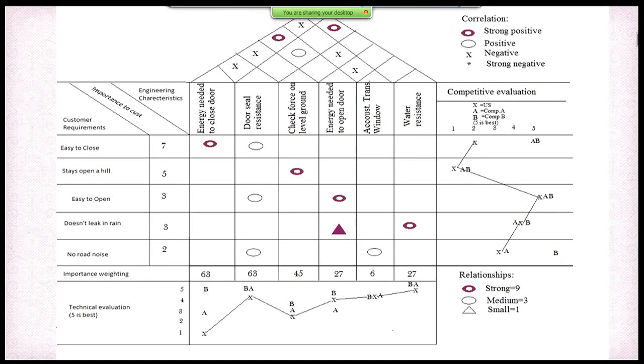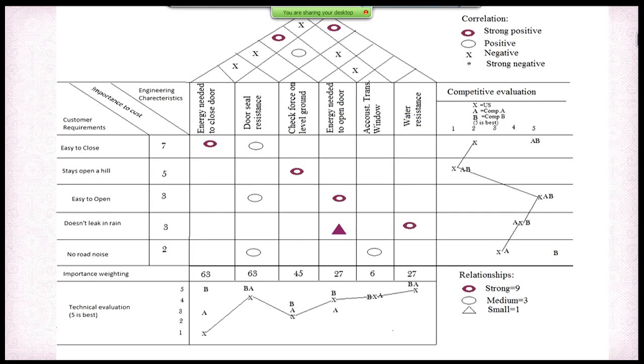So 7 times 9 gives 63, which is plotted into the importance weighting. And again, for door seal resistance and easy to close, 7 times 3 is 21, 3 times 3 is 9, plus 2 times 3 is 6. We have to add them up, and we get an importance weight of 63. Similarly, we have to do this for the entire matrix.